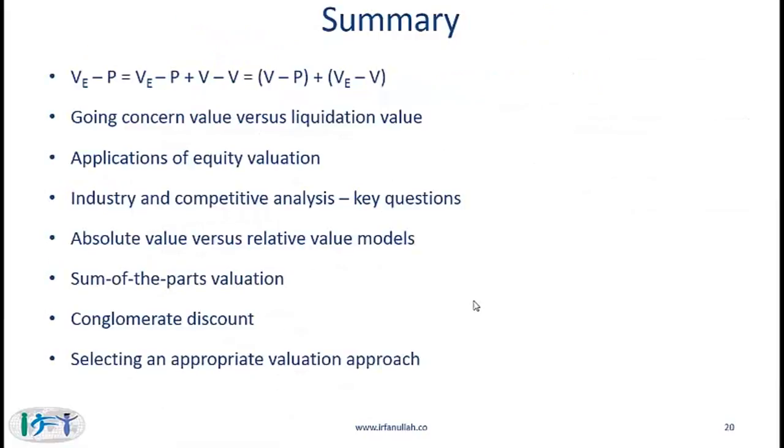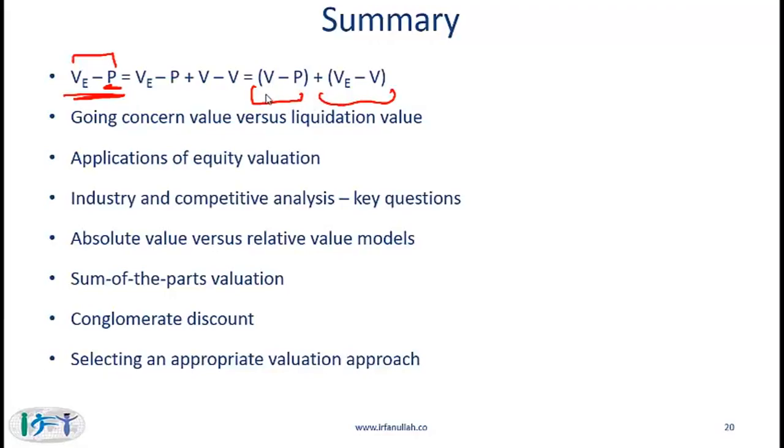Now, a quick summary of the most important points from this reading. Here is a big one. There is a difference between the value that you as an analyst estimate for a given security and the current market price. This difference is called perceived mispricing. And perceived mispricing has two components. One is the true mispricing.